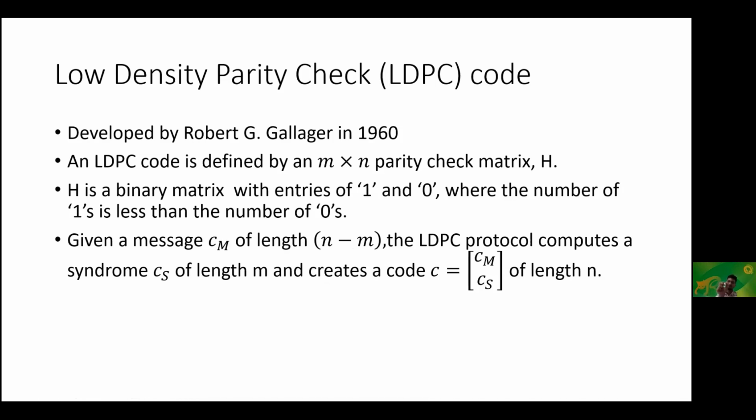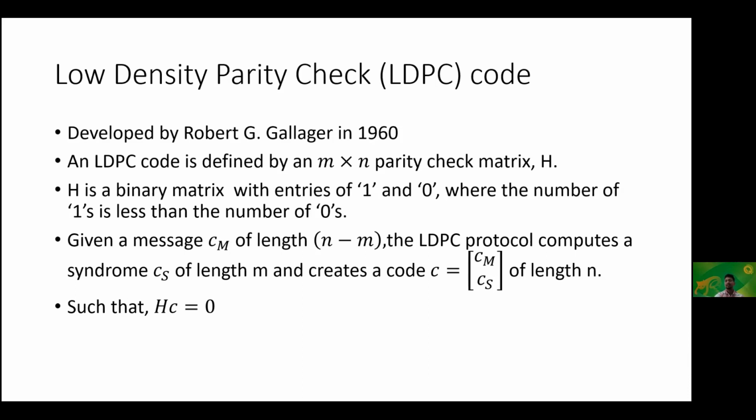You assume that it's a vector with each element being a classical 0 or 1. So I have my message initially, which is of length n minus m, and then I have some syndrome of length m. So the total length is n.